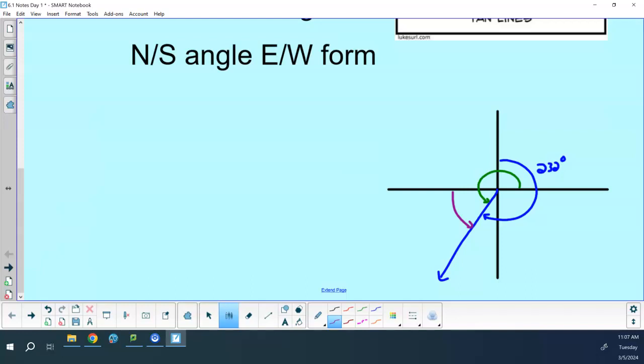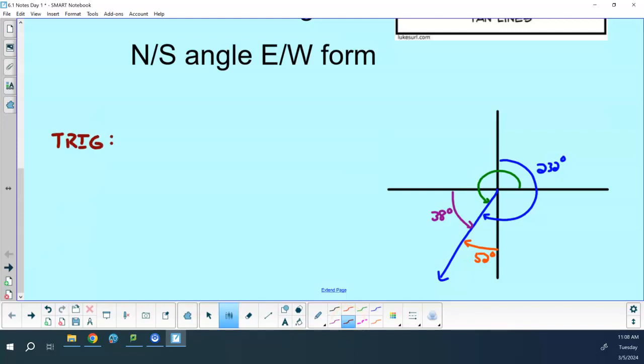If that's 232 from navigation type things, then that makes this here be 52 degrees, which makes this then be 38 degrees.